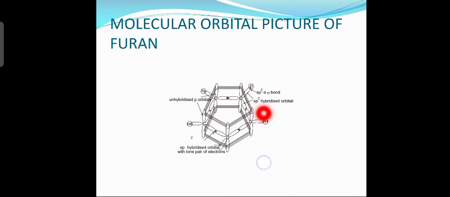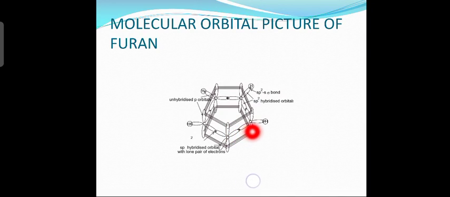The p orbitals of carbon atoms contain 1 electron. So, how many electrons are present in the p orbital? 1 electron each. And these p orbitals overlap with the p orbital of the oxygen atom containing a lone pair of electrons.